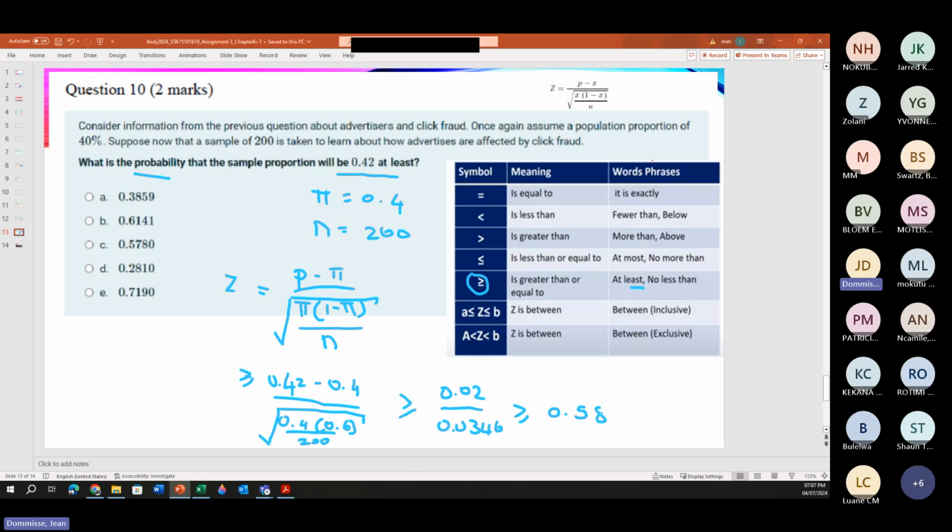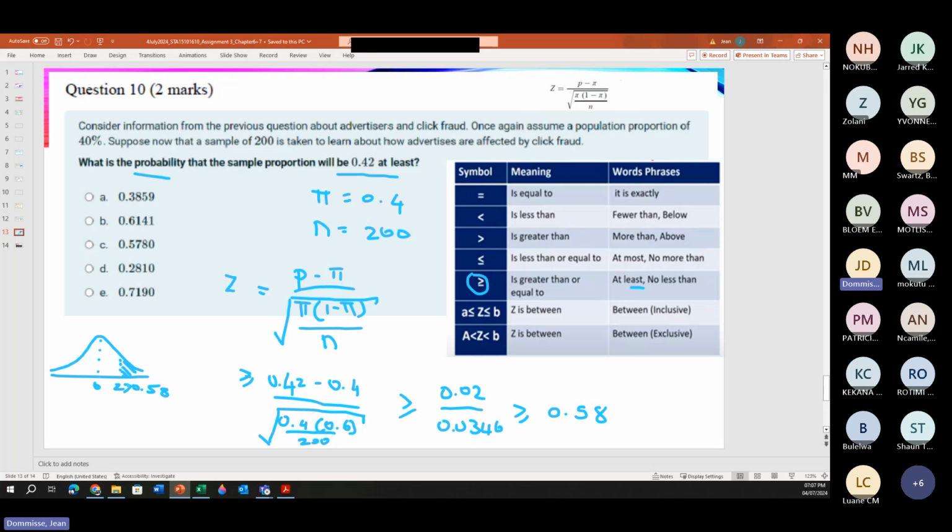So we're going to look for the probability where z is bigger than 0.58. The bigger than that is going to be that area.